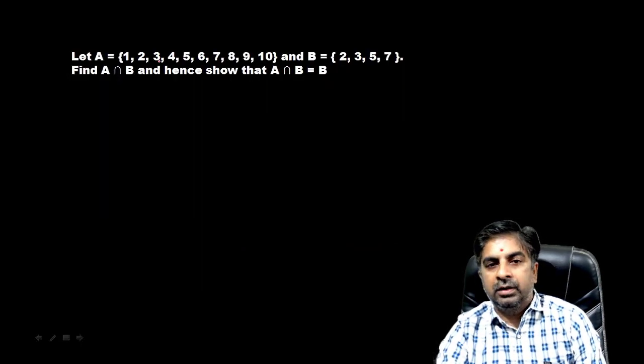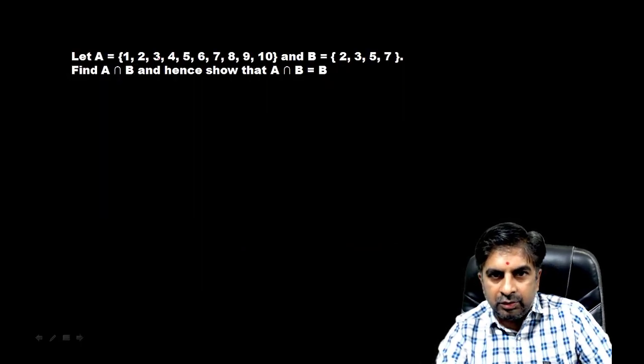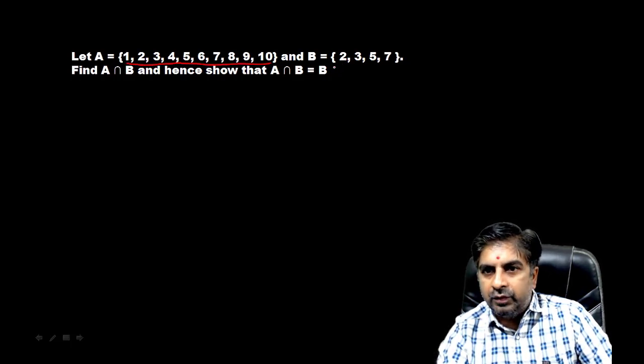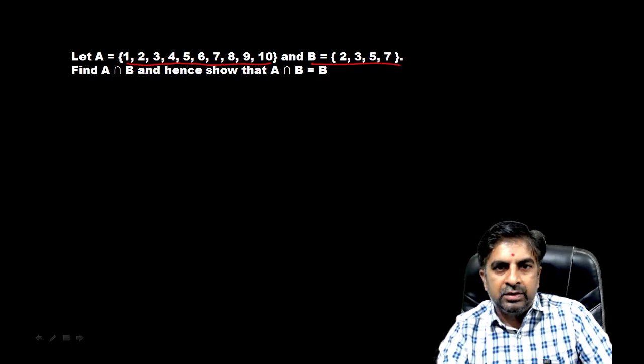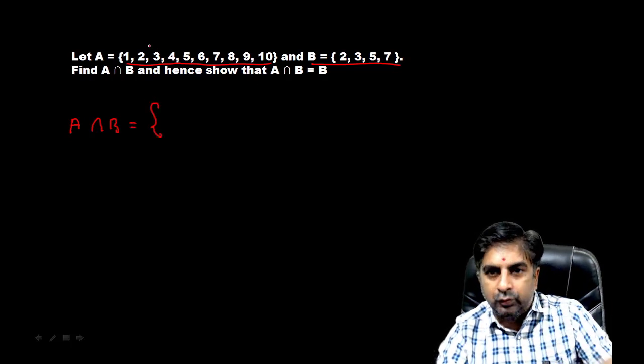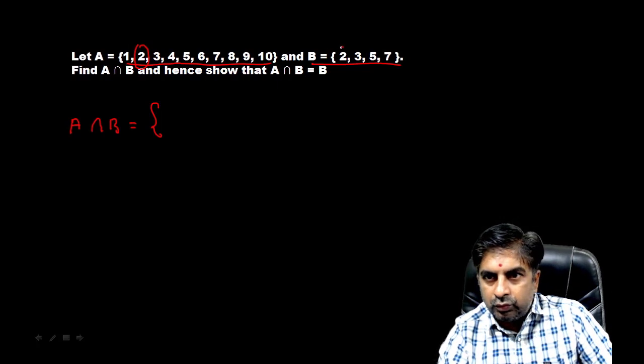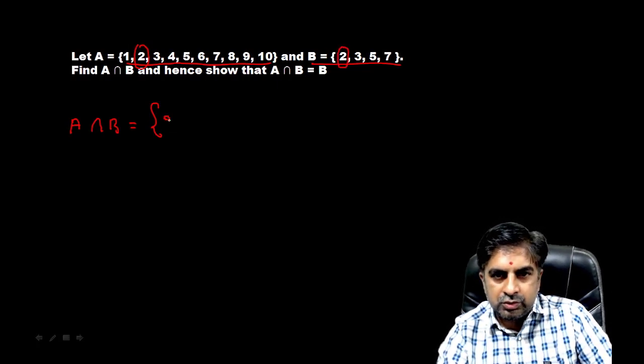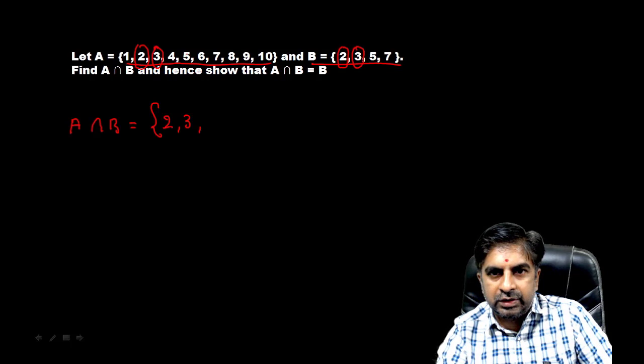Now let us do one example. Here your set A has terms 1 to 10, and B has 2, 3, 5, 7. Now we need to find A intersection B. As I told, try to make rounds like this. 2 is common in both, then 3, here also 3, then 4 is not there, 5 you can see, and at last 7.